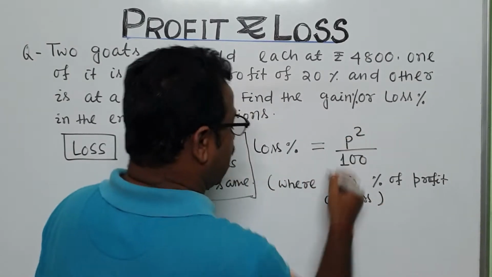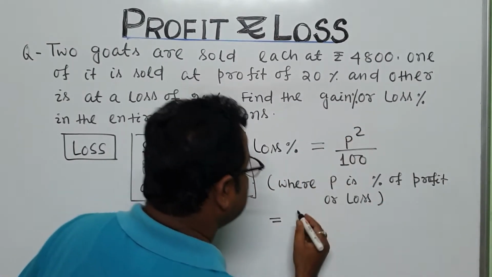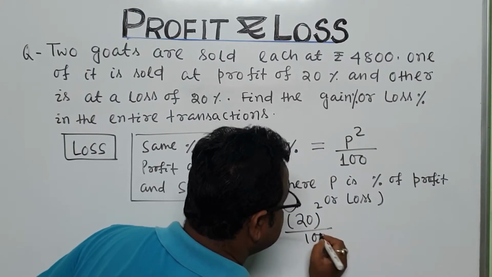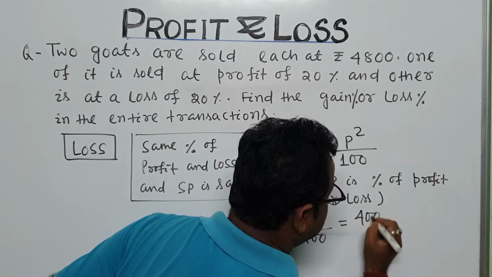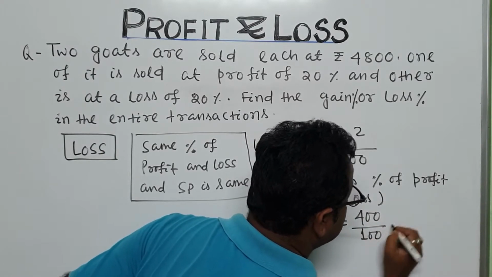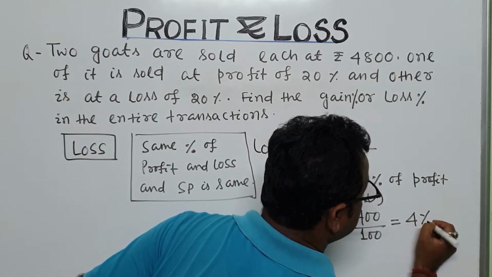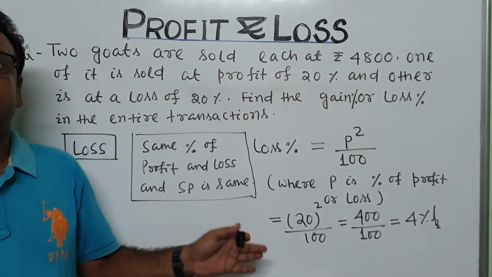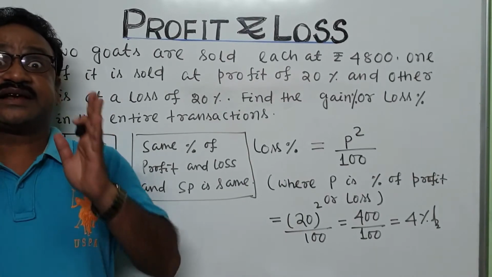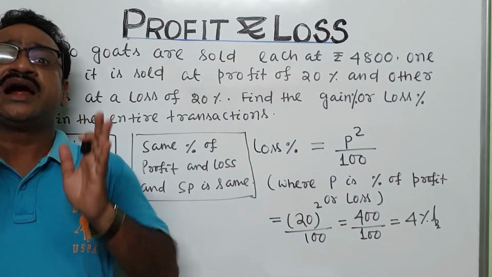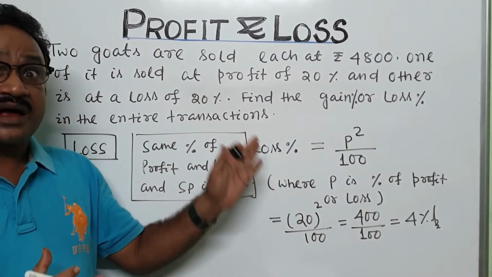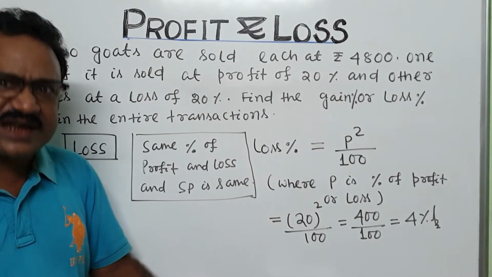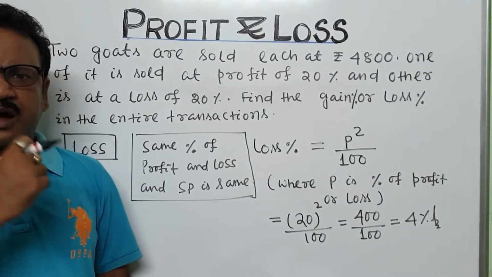So that is equal to 20 square by 100, which is 400 by 100, which is 4%. So 4% is the answer. So how shortcutly we have solved it? It has saved our time without going through the traditional method in the competitive examination. If we follow this process, it will save our time, it will build our confidence.